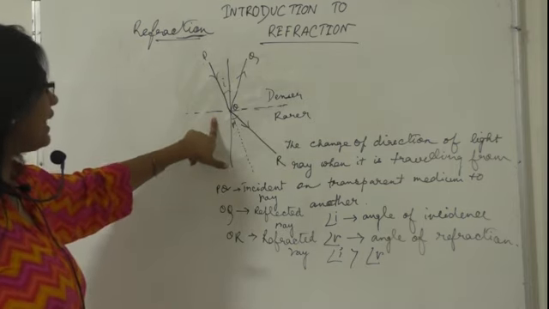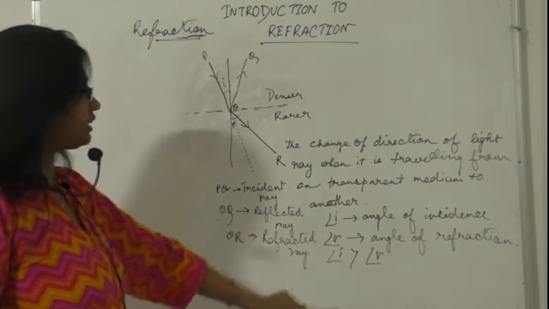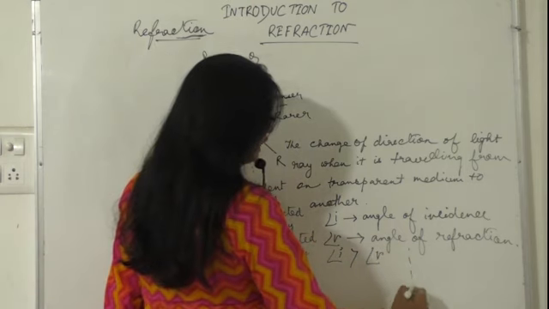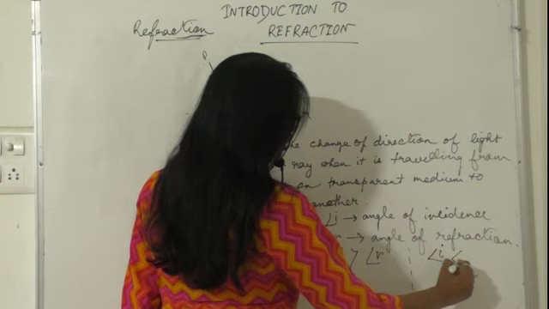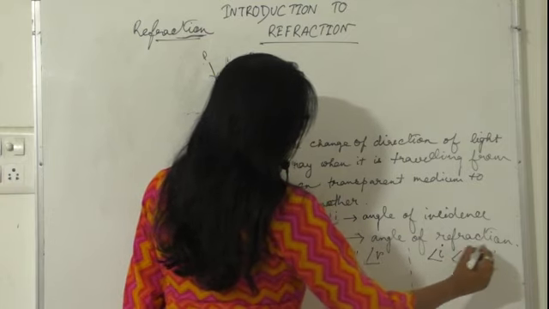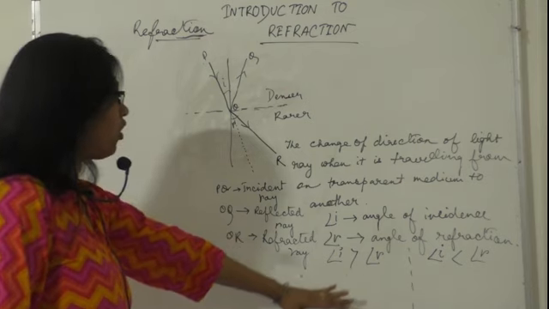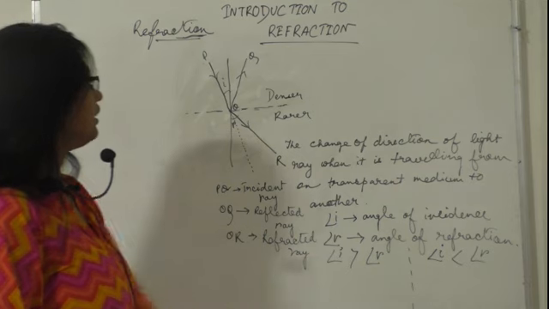So in that case, the relation between angle of incidence and angle of refraction is just vice versa. Angle of incidence is smaller than the angle of refraction. But in the previous case, angle of incidence was greater than angle of refraction.